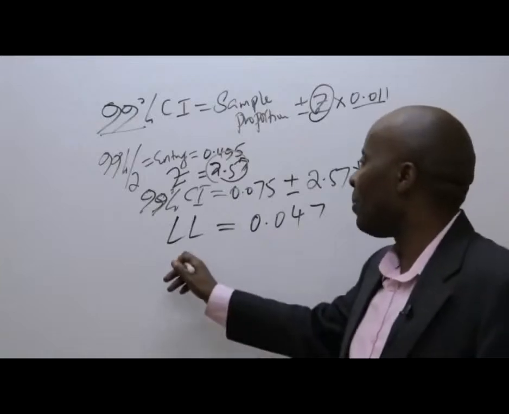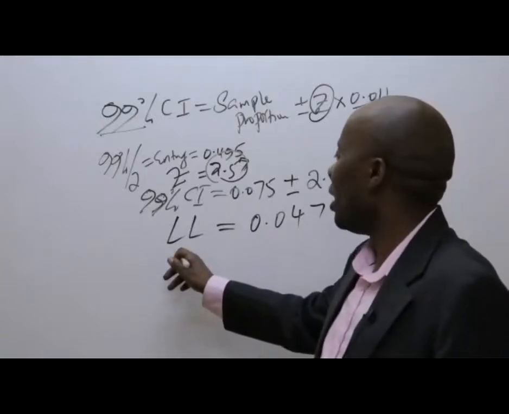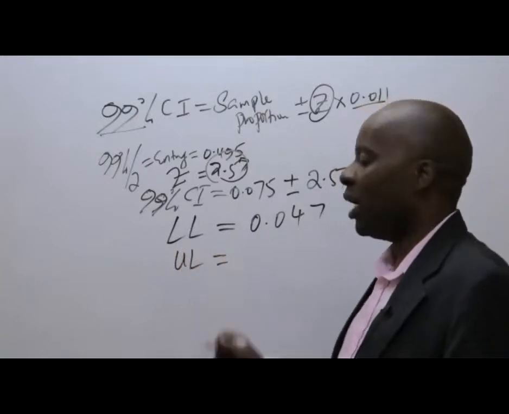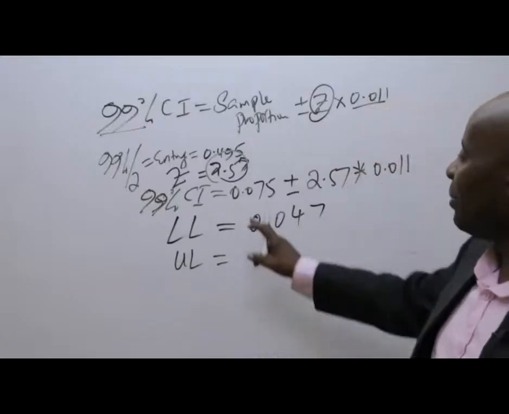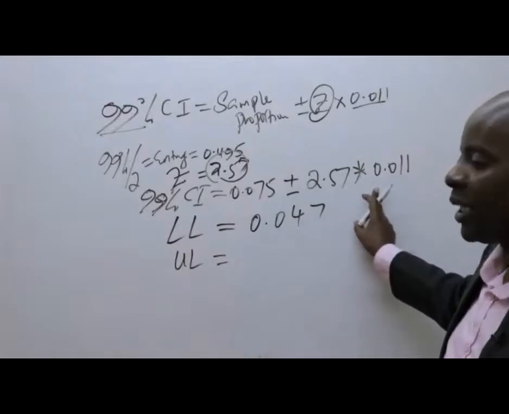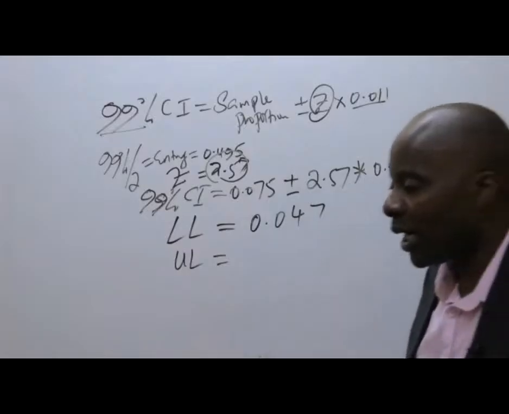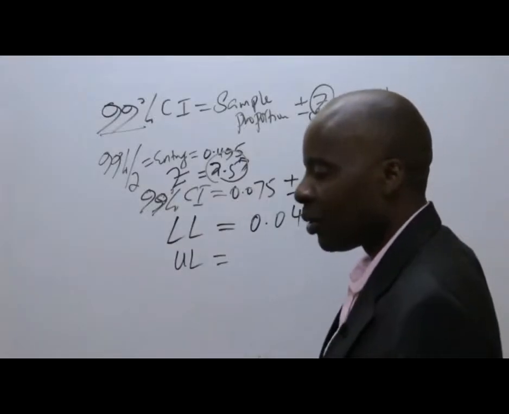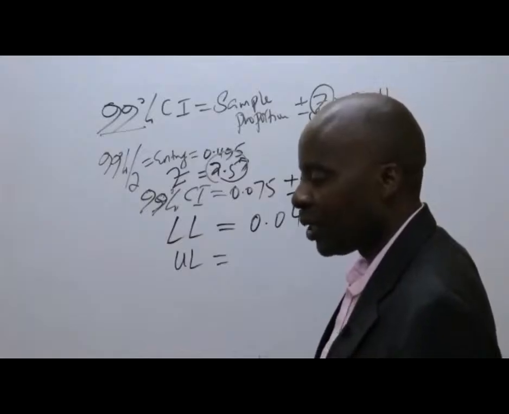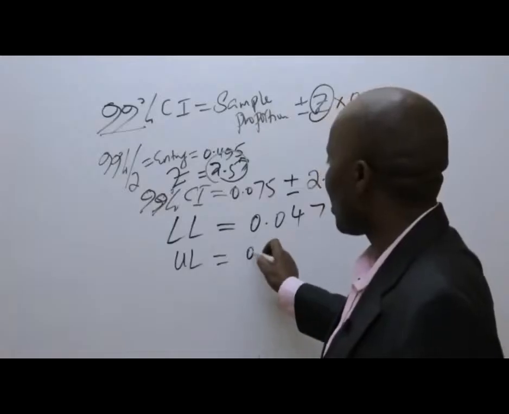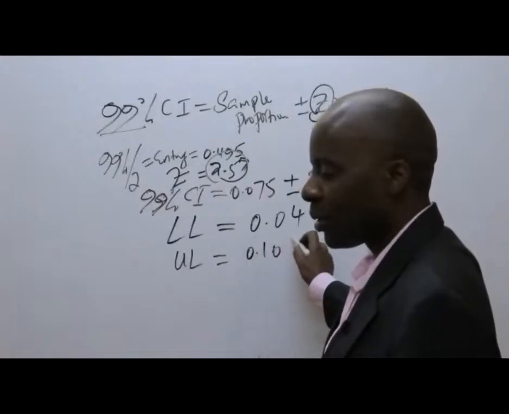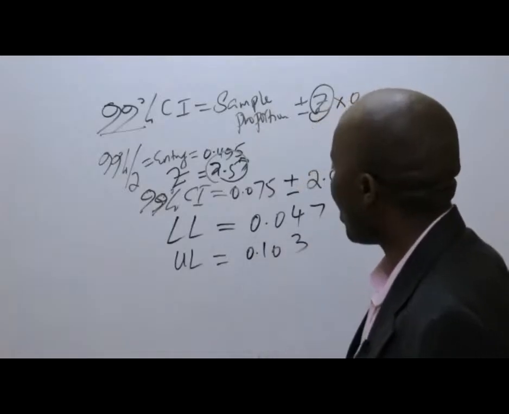How about the upper limit? For the upper limit we add. You take 0.075 plus 2.57 times that. And we have 0.103.